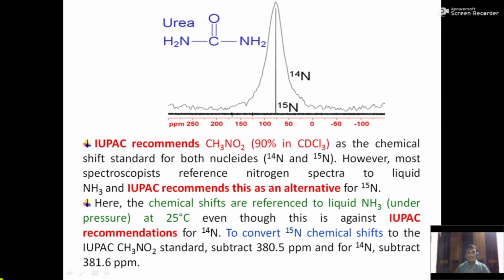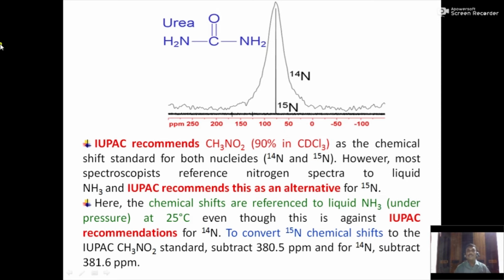You can see that methyl nitrate, its 90% solution in CDCl3, can be used as reference standard, or you can use ammonia, that is liquid ammonia, as reference standard. The conversion for nitrogen 15 and nitrogen 14 recommended by the IUPAC is shown here.